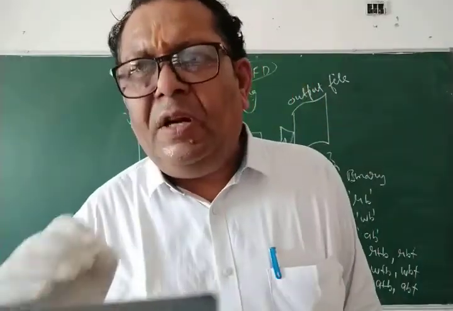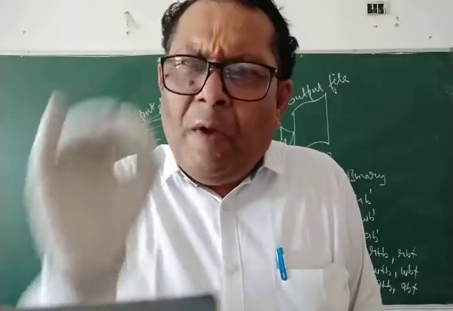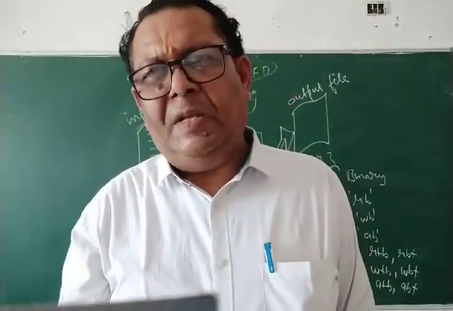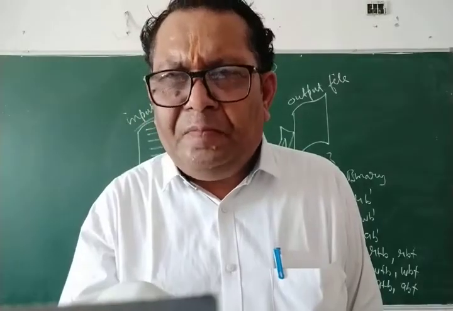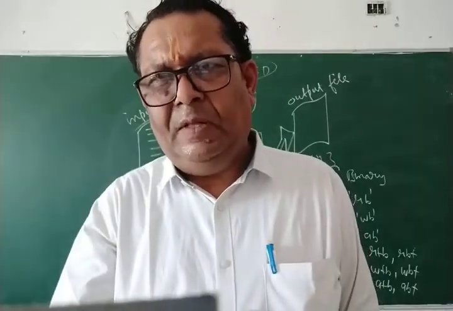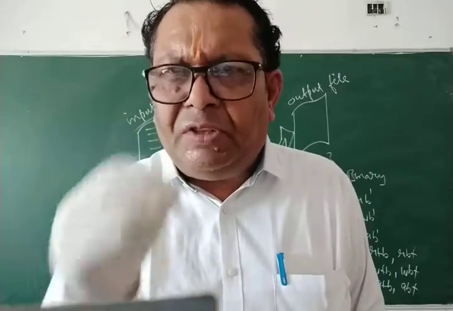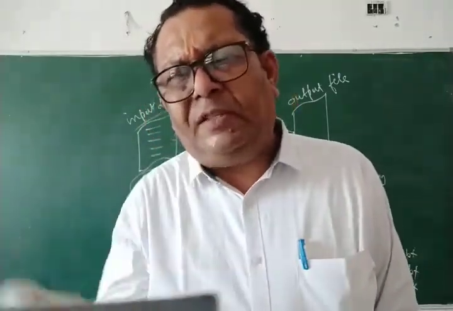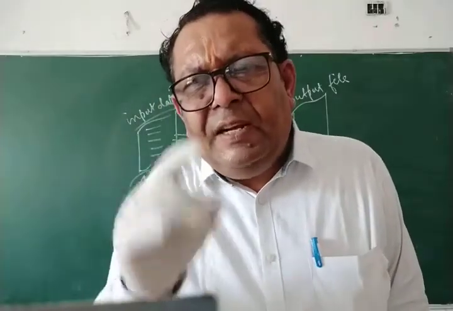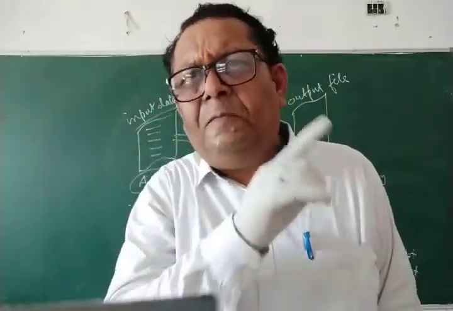Now, I hope children, your doubt is now clear. This is a very, very important point. I'm telling you again, never forget this point, because at this place, most of the students make mistakes. So before you begin writing the code, you should first see from where to where the data will be flowing.